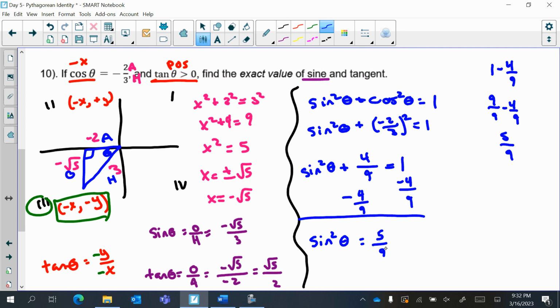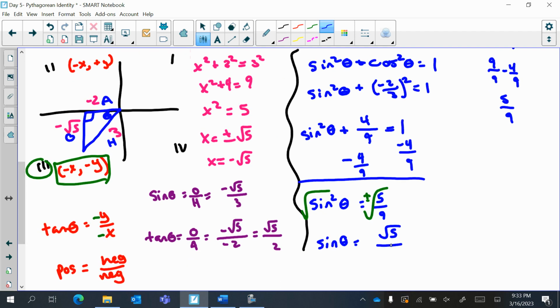Now, I'm going quickly because you could use your calculator to do this. And now you're taking the square root. When you take the square root, you include a plus or a minus. So we get sine theta equals, you cannot take the square root of 5, but you can take the square root of 9.